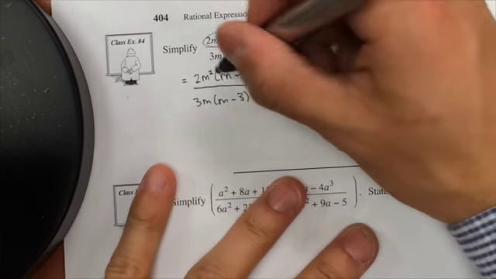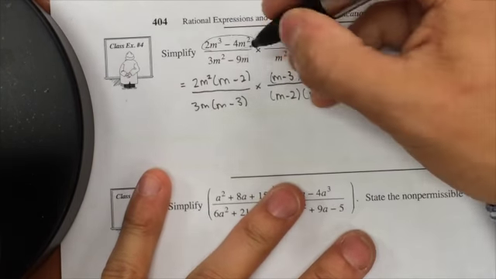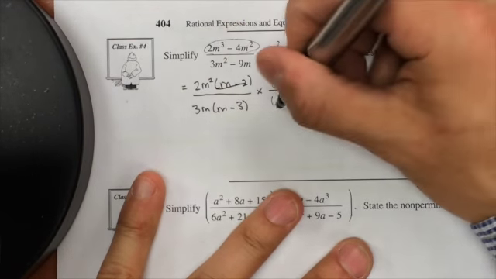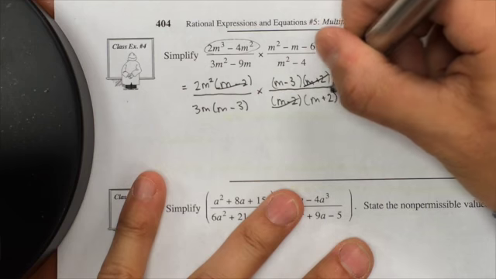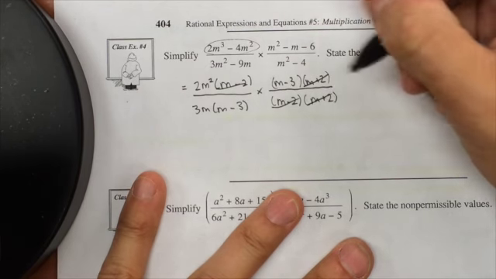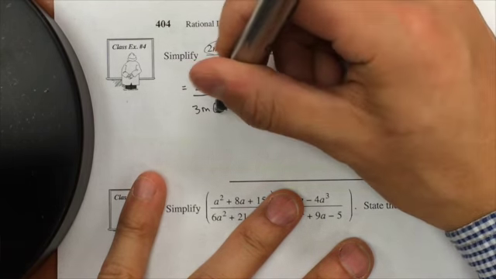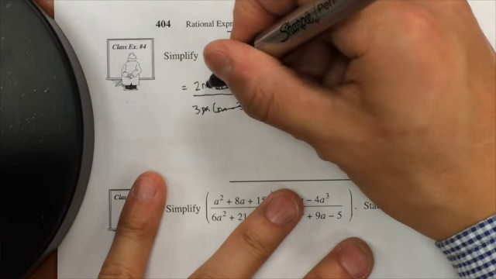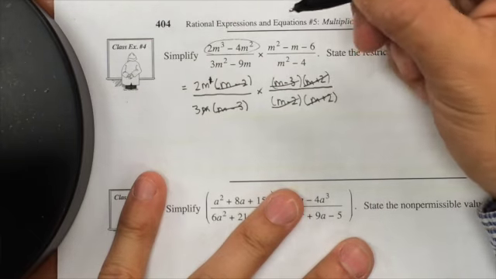Now comes the fun part of dividing out some of my common factors. So m minus 2 and m minus 2, m plus 2 and m plus 2. I have m minus 3, m minus 3, and then I have m, and I have two m's up here, so I can get rid of one of those.